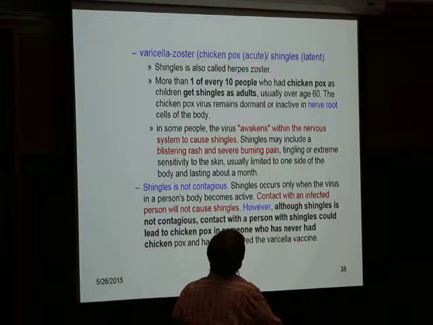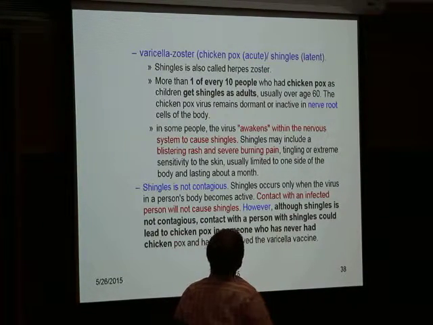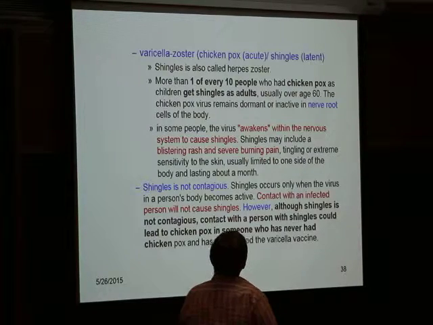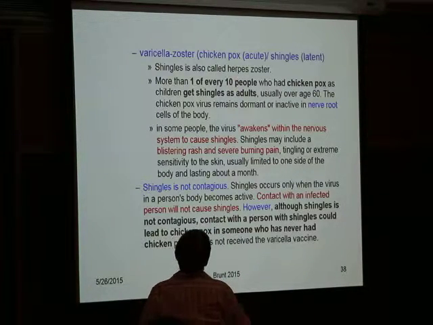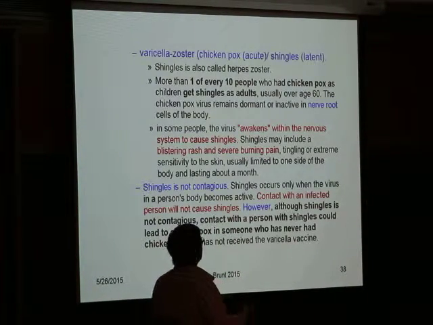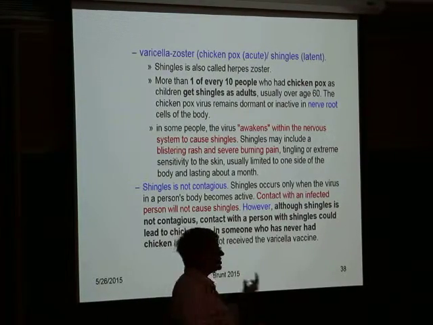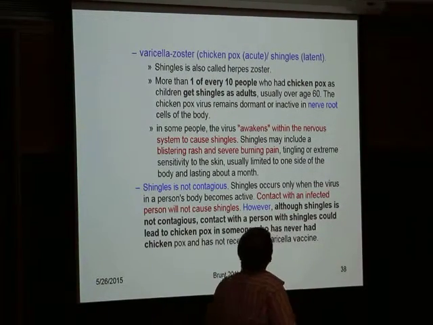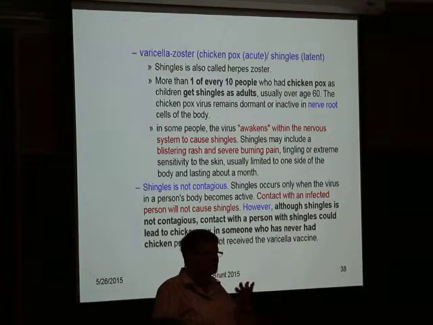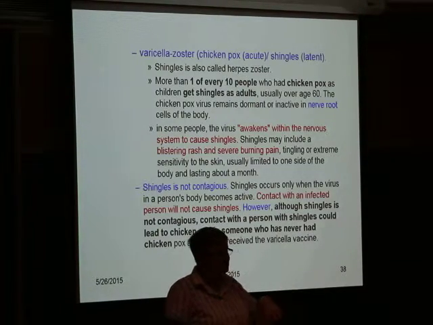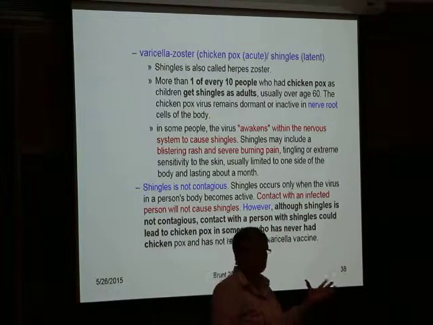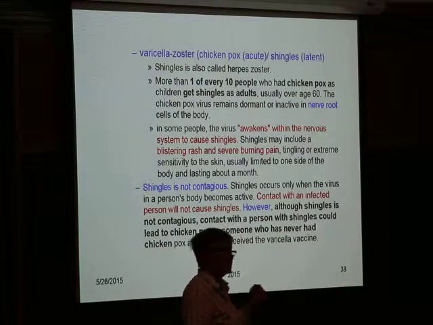So how do chickenpox as acute and shingles as latent result? Shingles, by the way, is also called herpes zoster. For every 1 in 10 people who have had chickenpox as a child, they'll get shingles as an adult, usually in their 60s and 70s, although there are examples of children who actually manifest shingles.